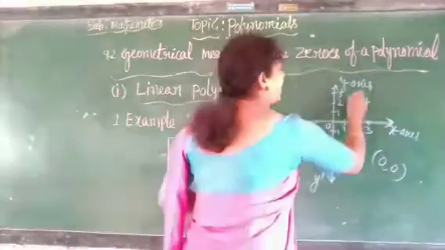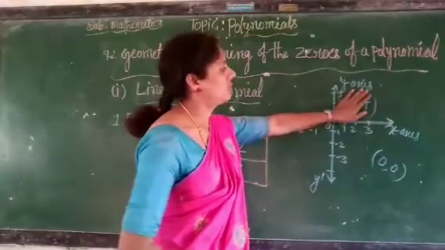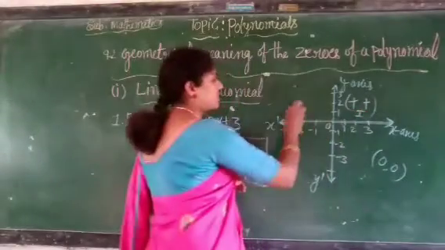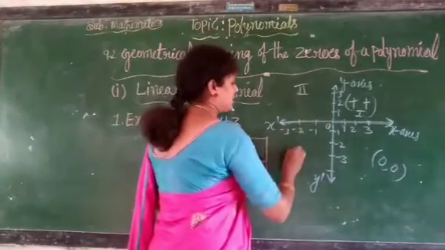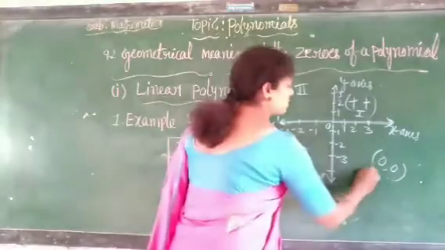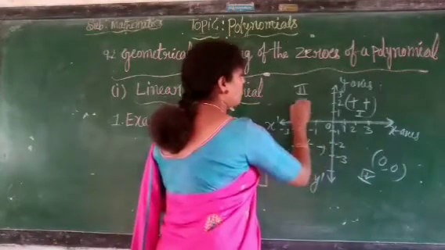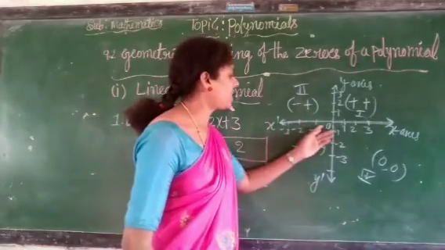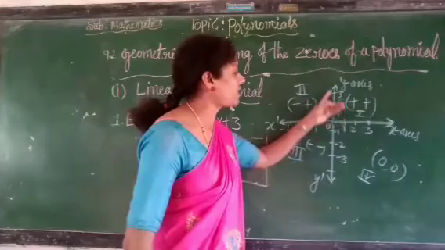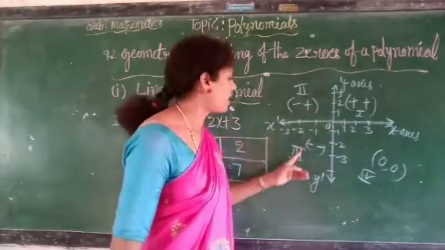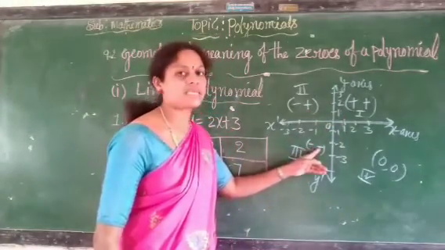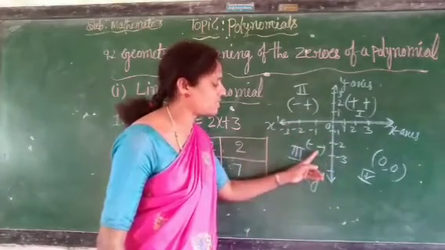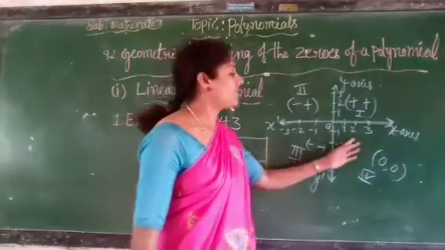We take them as first quadrant, plus plus. This is the second quadrant, this is the third quadrant, this is the fourth quadrant. Second quadrant, minus plus: we take x-axis minus values and y-axis plus values. Third quadrant, minus minus: x-axis minus values and y-axis minus values.